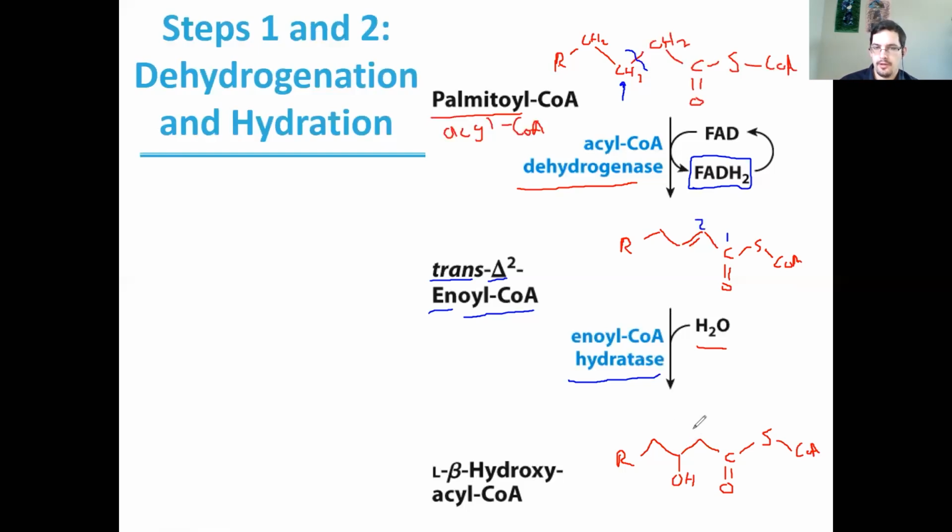Again, remember our nomenclature, we use alpha to refer to the site next to our carbonyl, and beta would refer to the next site after that. So our hydroxy group is at the beta position relative to our thioester carbonyl. We still have the same acyl-CoA overall. It's the same lipid that we had in the first step. It's just that we added that hydroxy group right here.